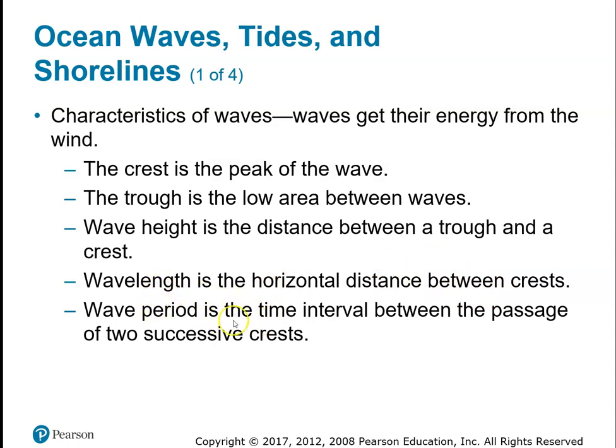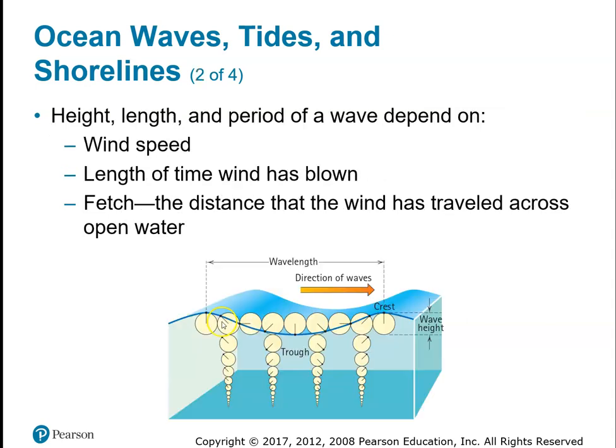The period, of course, is the time it takes the wave to pass a certain point. You watch a point. The easiest thing is usually to look at the crest. So the crest passes by, and then how much time does it take for the next crest to pass by? That we call the period.